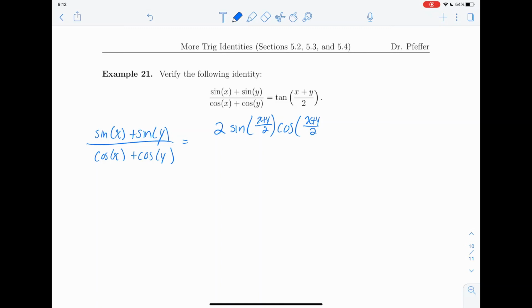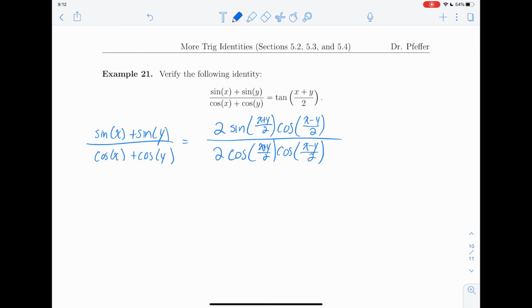Not x plus y, we want x minus y. And the denominator, which is the sum of the cosines, will turn into 2 times the cosine of x plus y over 2 times the cosine of x minus y over 2.